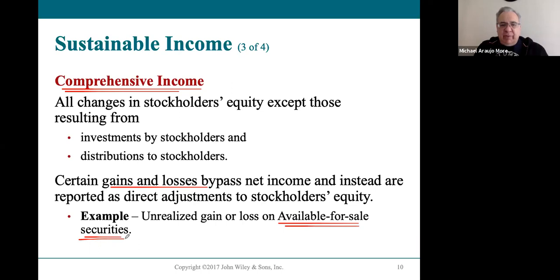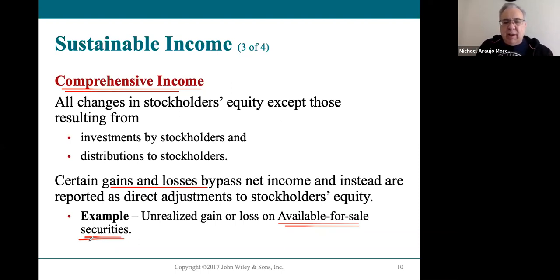Now, those are long-term investments. If a company has stock in other companies, that would be an asset, a long-term investment. But GAAP requires us to never overestimate and overstate the value of our assets. So if you have investments, they're going to change in value every period, right?